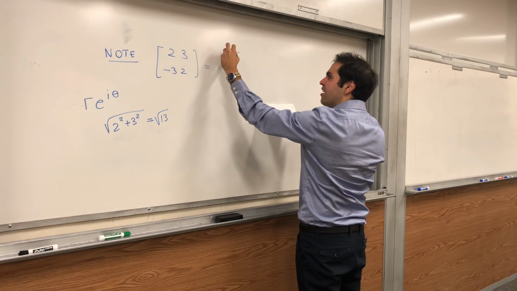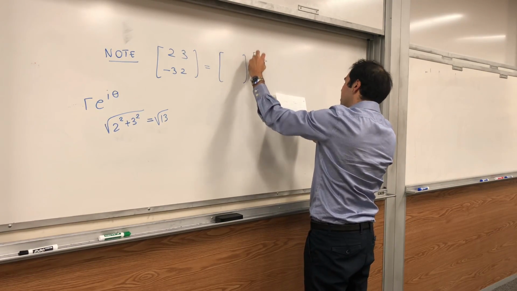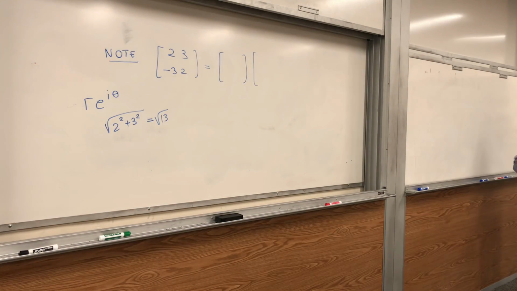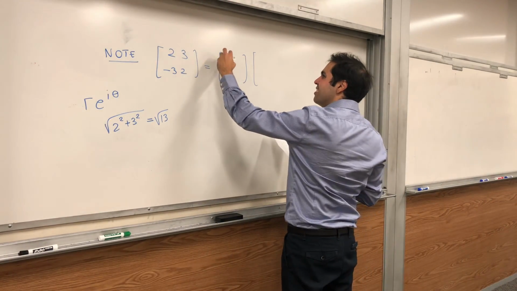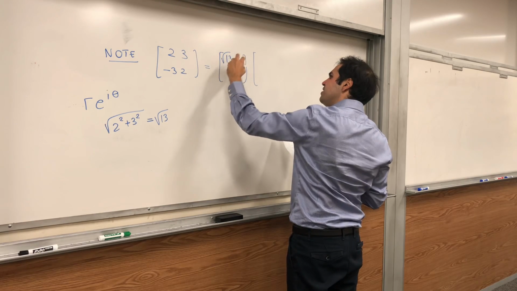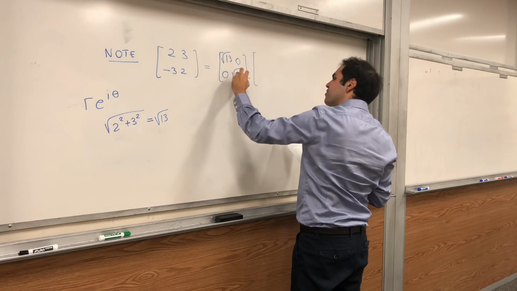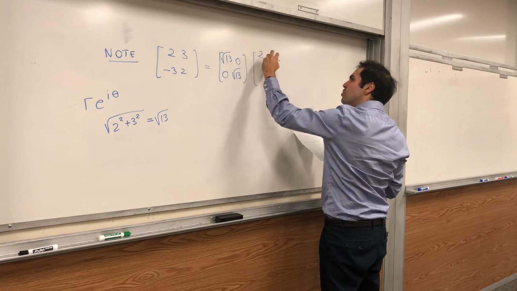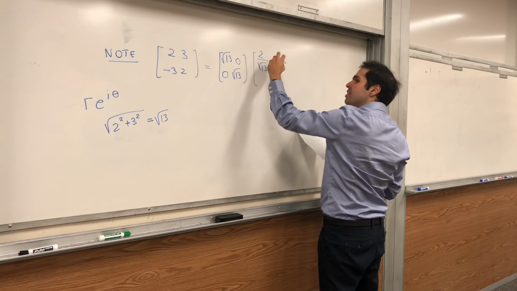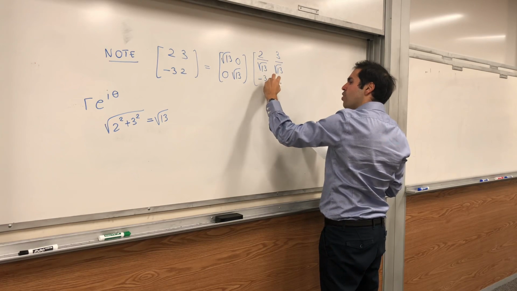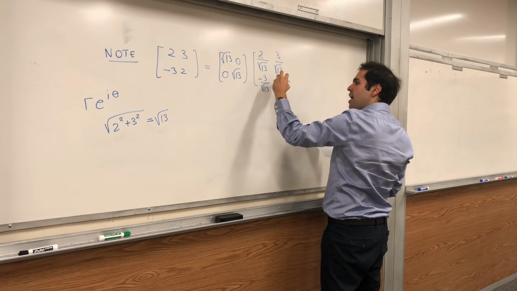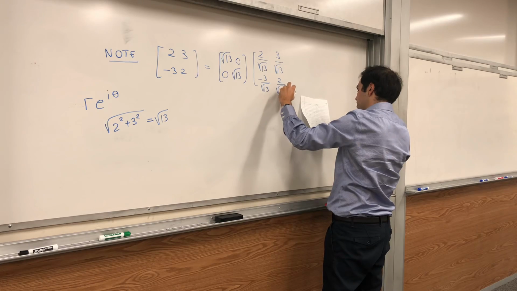So it really becomes the product of 2 matrices, namely square root of 13, 0, 0, square root of 13, and 2 over square root of 13, 3 over square root of 13, minus 3 over square root of 13, and 2 over square root of 13.